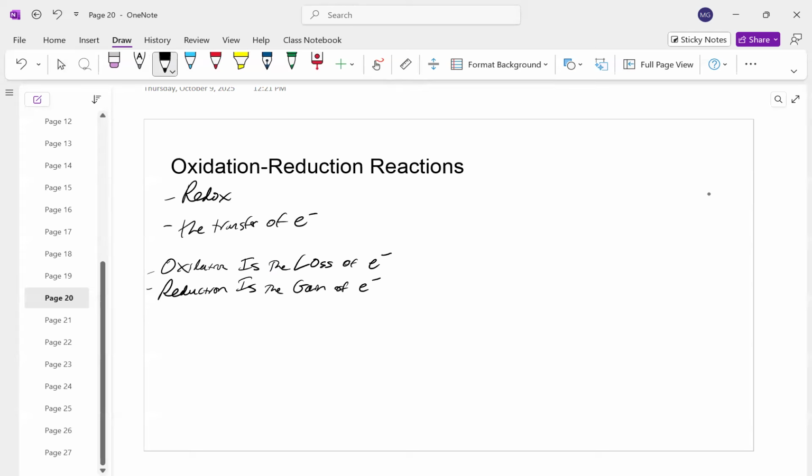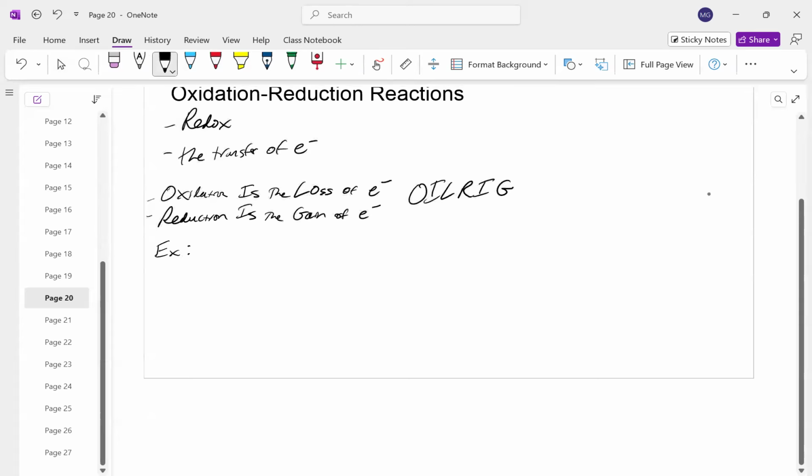Now, the reason I capitalized some of the letters in those statements is to give you an acronym to remember what oxidation and reduction is. OIL RIG: oxidation is the loss of electrons, and RIG stands for reduction is gain of electrons.